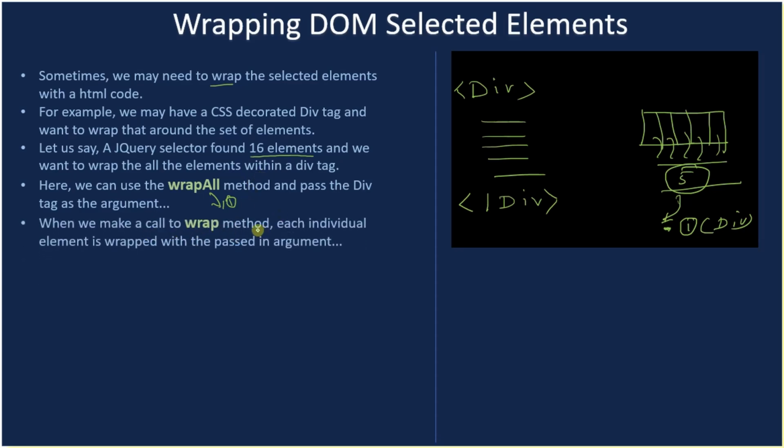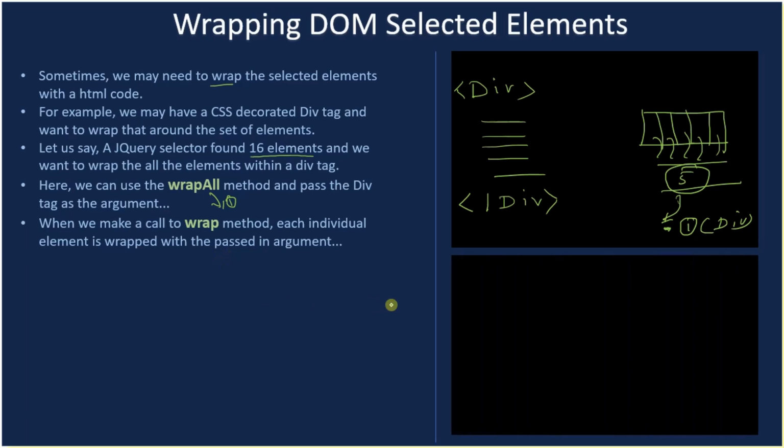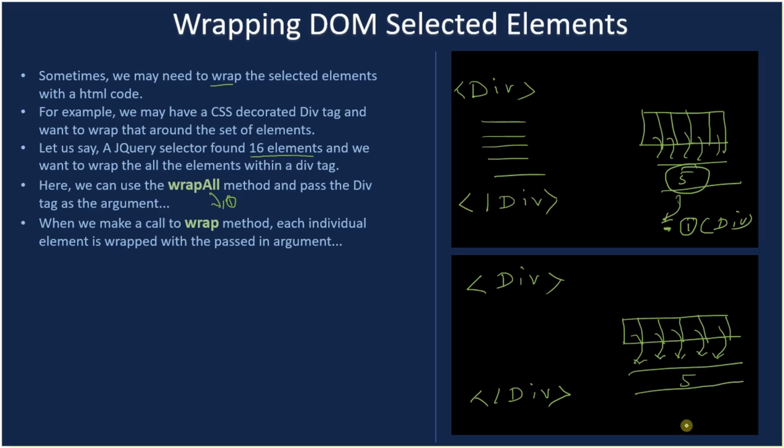When we make a call to the wrap method, each individual element is wrapped with the passed in argument. Say for example, here we will be having the div tag, and here we will be finding 5 elements. We will consider the same way, and we can make a call to the wrap method.